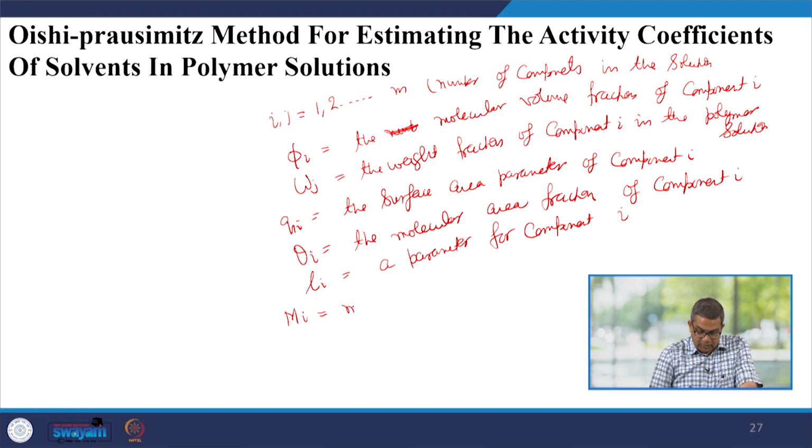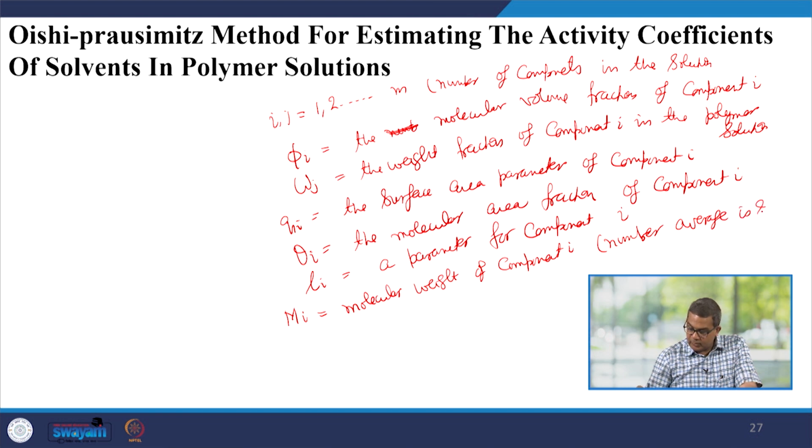Mi is the molecular weight of component I. Number average is recommended, and that is in kilogram per kilomole.